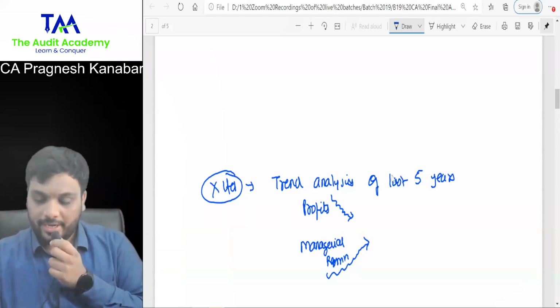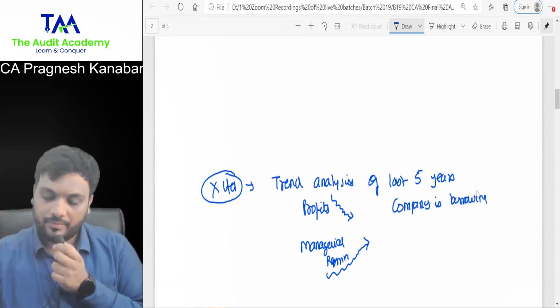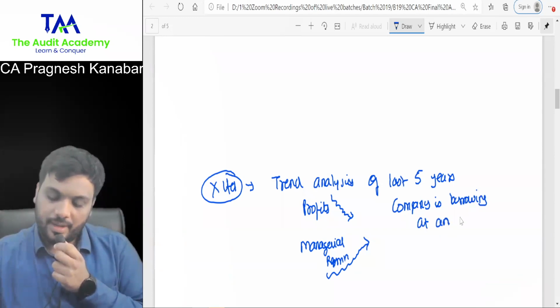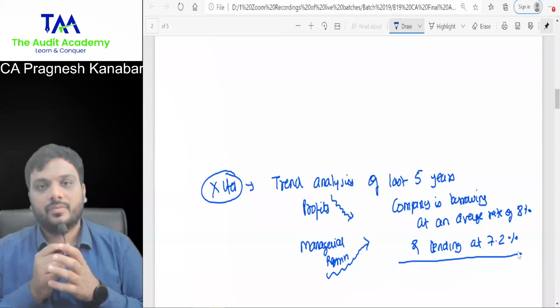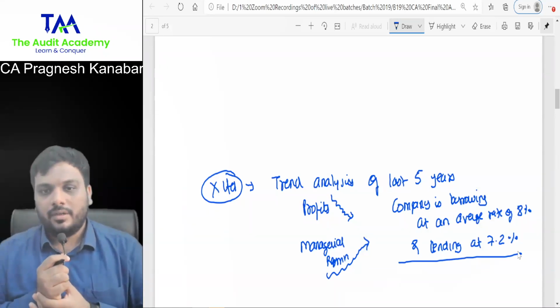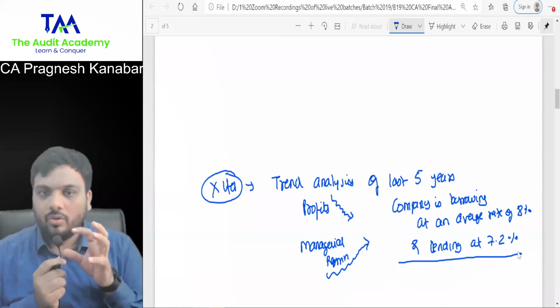You also saw that the company is borrowing at an average rate of 8% and lending at 7.2% on an average. Tell me, does this indicate that something is going wrong over here in X Limited?